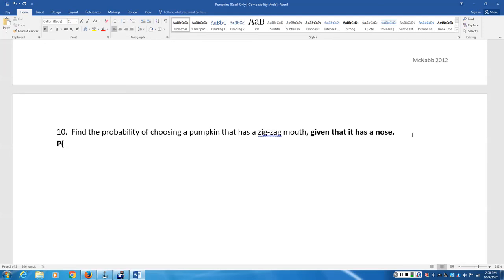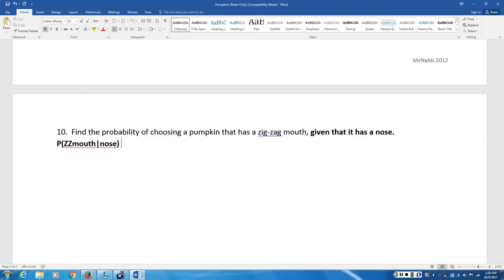In probability notation, the way you would write that is the probability of a zigzag mouth, and then you use the words "given that," which is a vertical line. My arithmetic and geometry brain are not working right now. So, given that it has a nose. That's the short way of not having to write it all out.